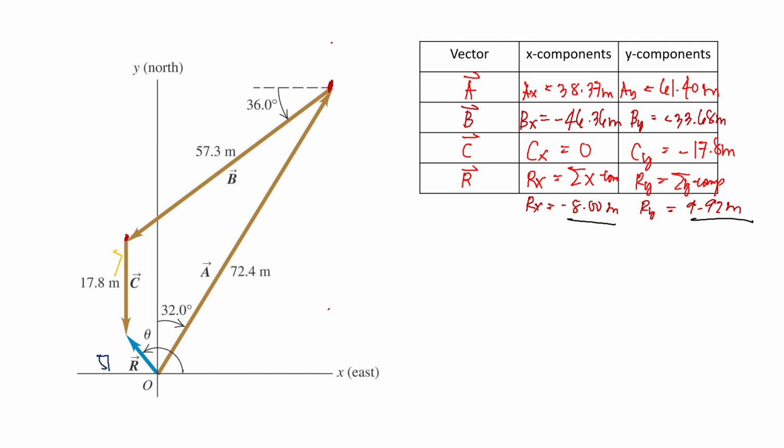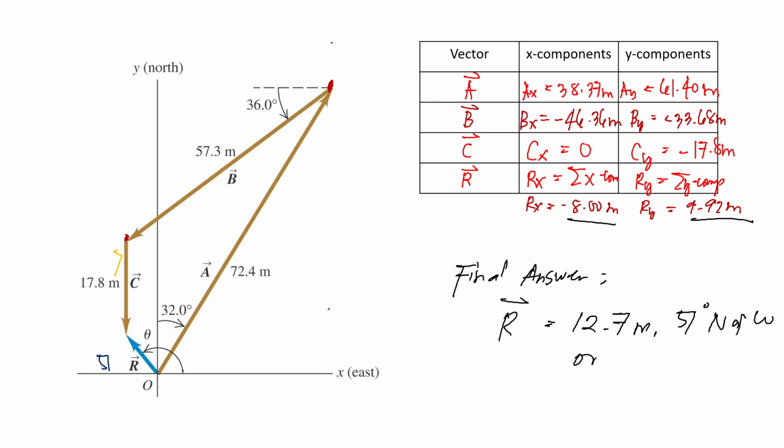So our final answer: your vector R is 12.7 meters directed 51 degrees north of west, or 12.7 meters at 129 degrees, measured from the positive x-axis.